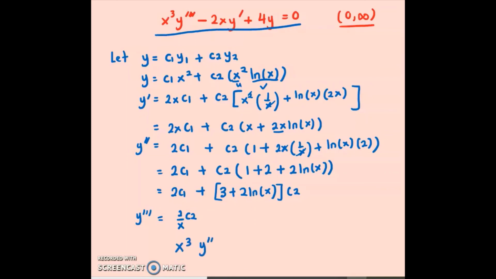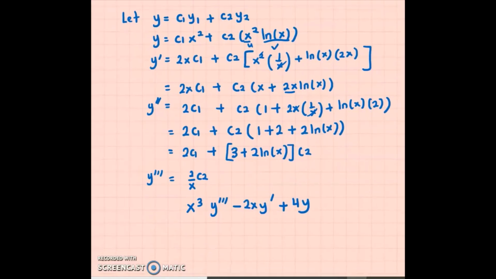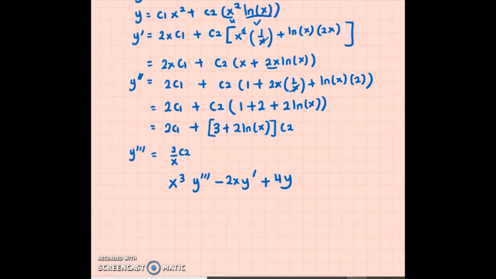We have x cubed y triple prime minus 2x y prime plus 4y, and I will show whether I can get 0.